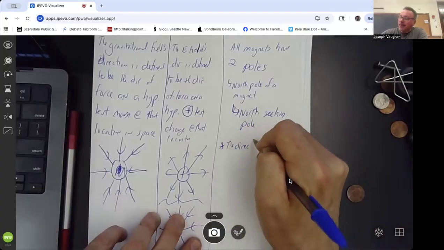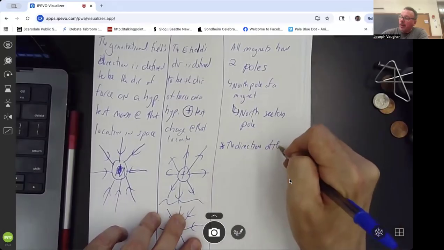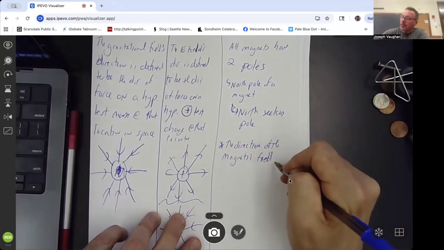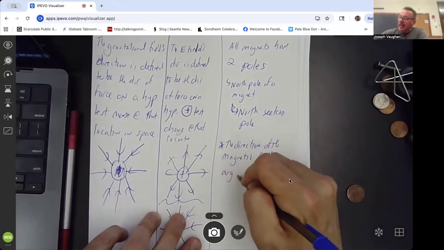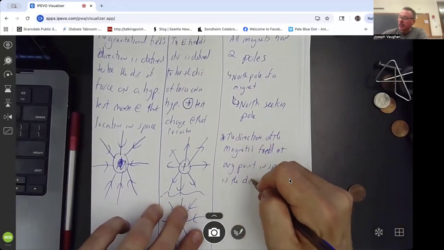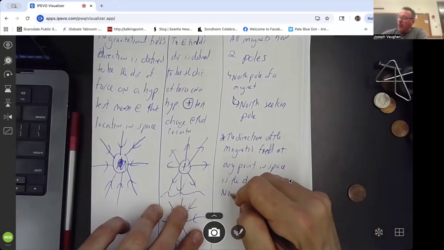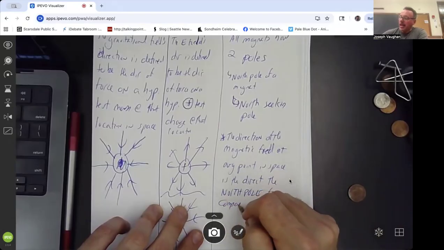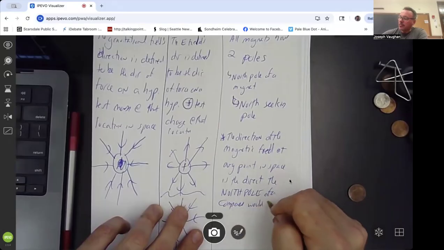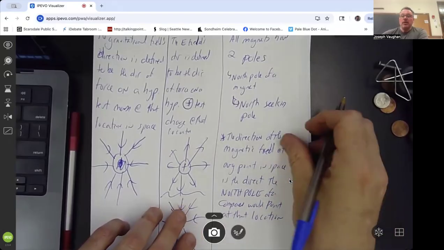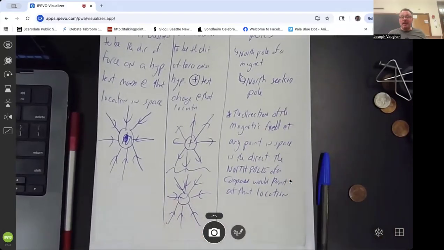The direction of the magnetic field at any point in space is the direction the north pole of a compass would point at that location. So our compass becomes our detection device for magnetism and defines the direction of the field.